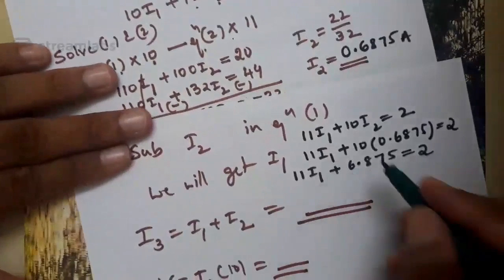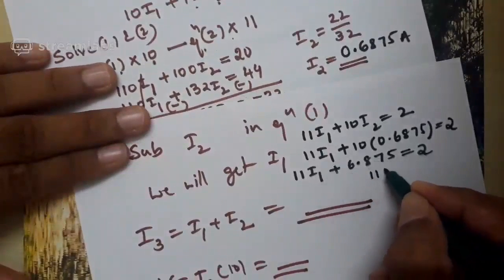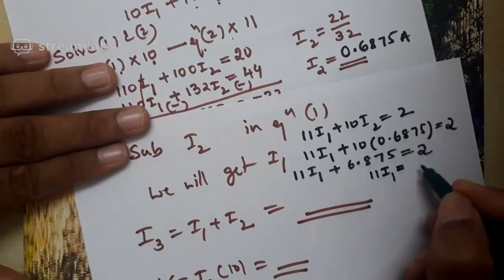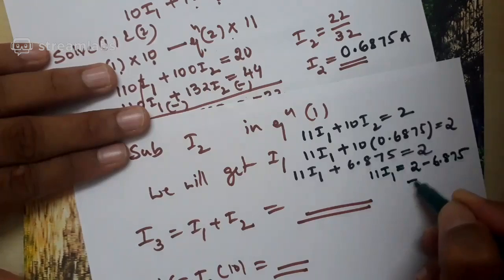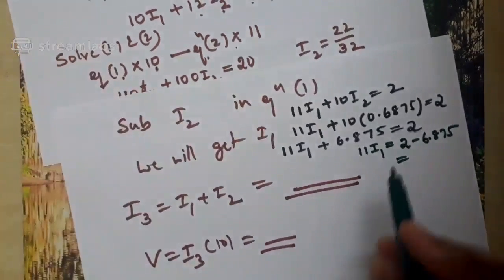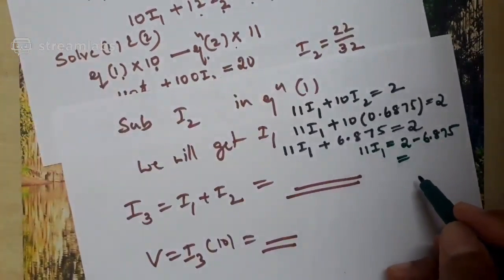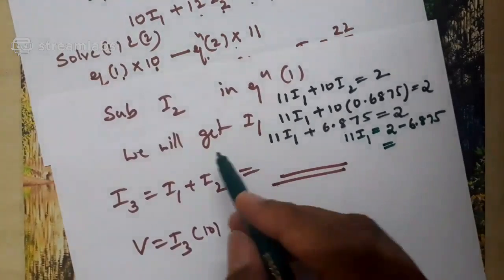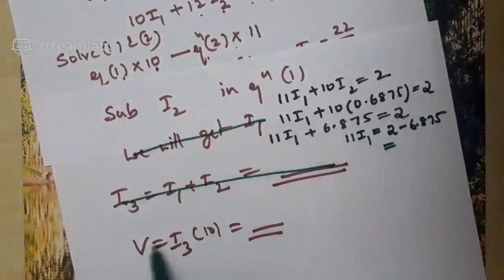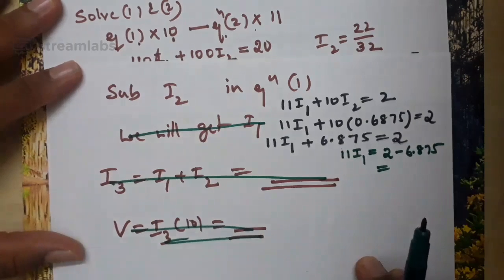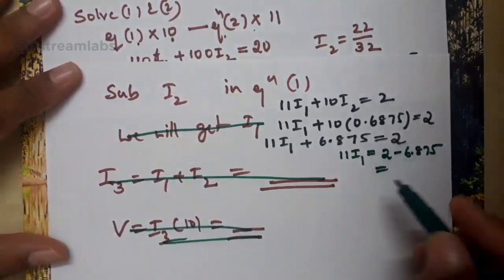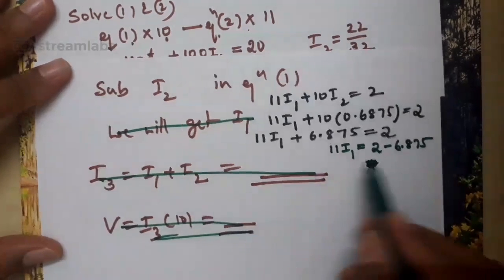Surely we will get a negative answer. 11I1 is equal to 2 minus 6.875, correct? Do the subtraction and solve for I1. Copy it. Check it.